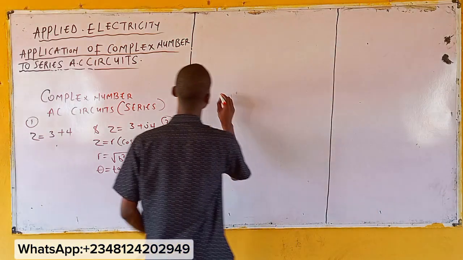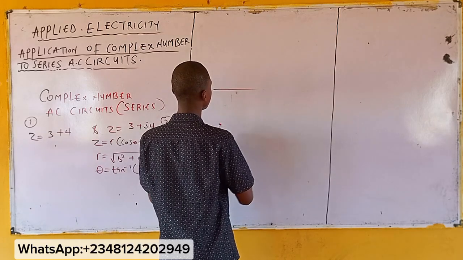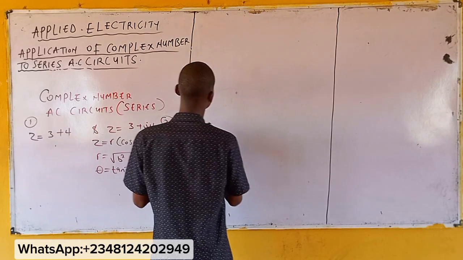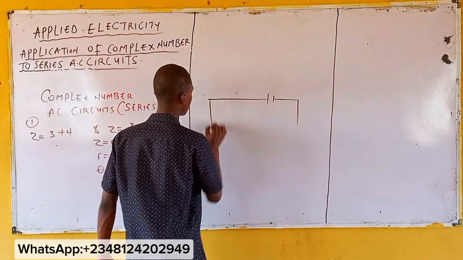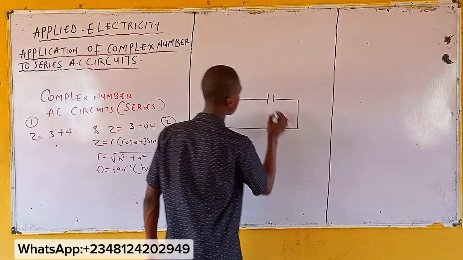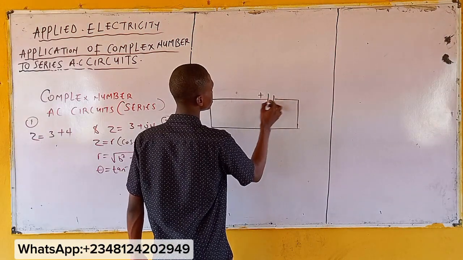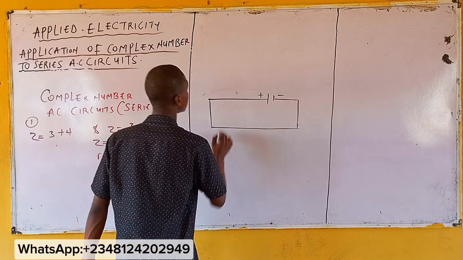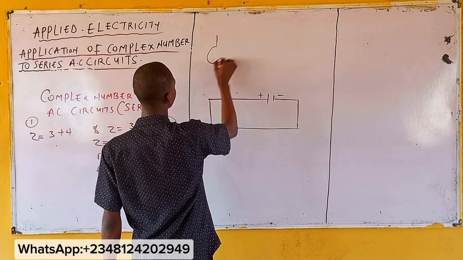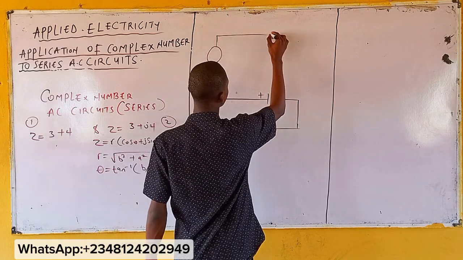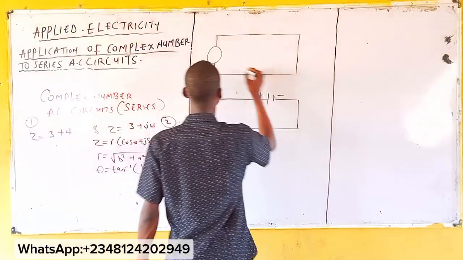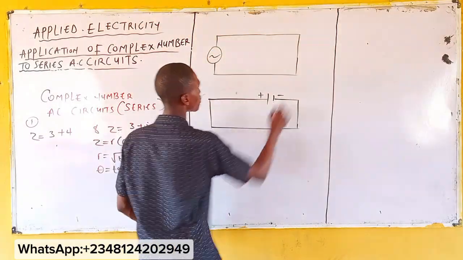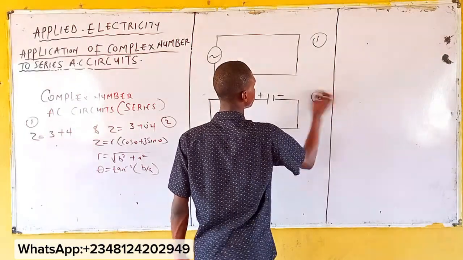But let's see what I'm saying. Now, consider this circuit. Say you have this, and this is positive, this is negative. Then consider this also. Now, from here, call this 1, call this 2.